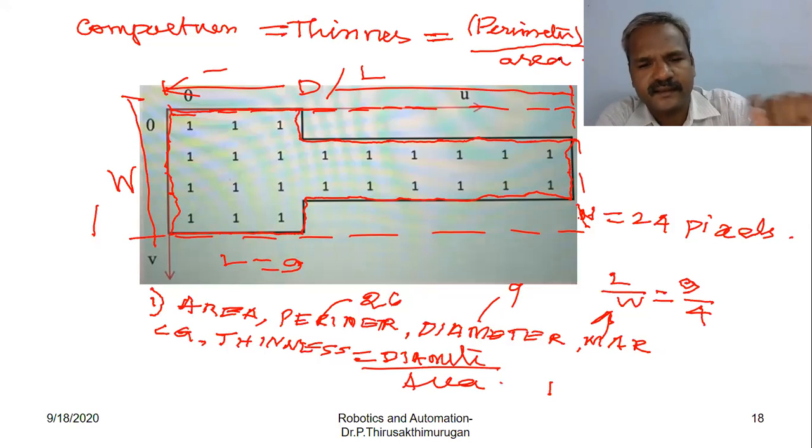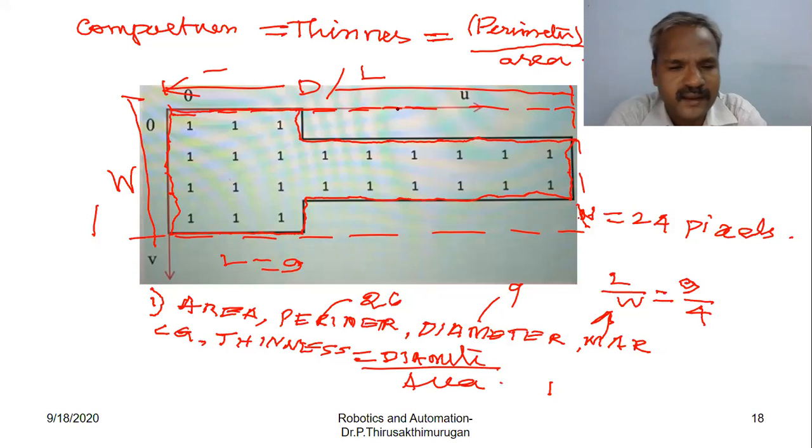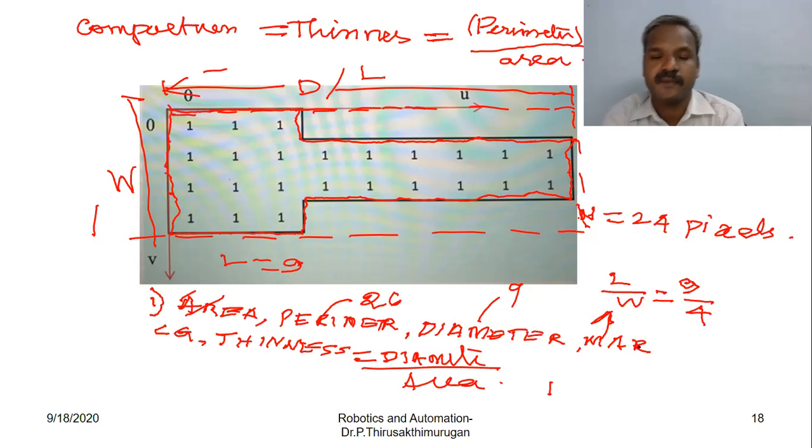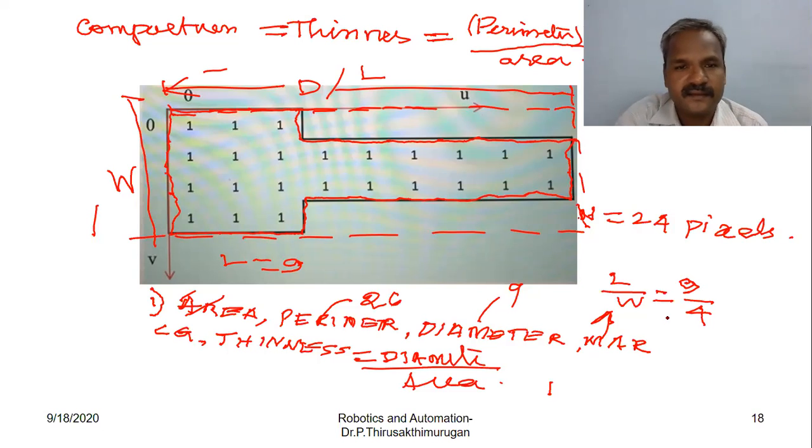So first let us calculate each and every one. We calculated area: 24 pixels. Diameter is 9 pixels. Length is also 9 pixels. Width is 4 pixels. Perimeter is 26 pixels. Minimum aspect ratio is 9/4, that is length by width.